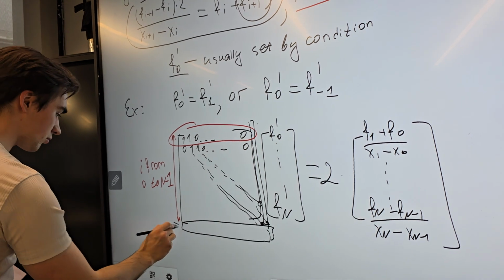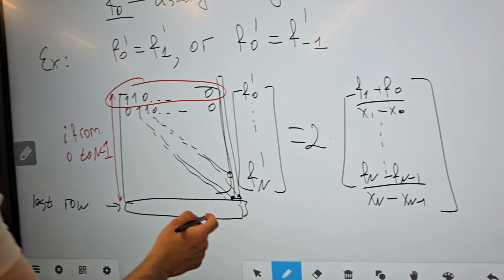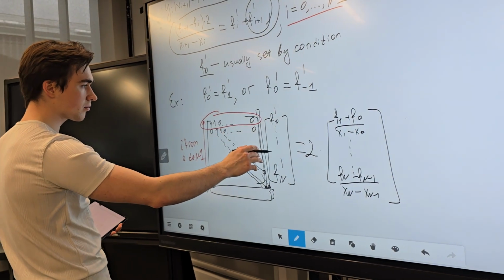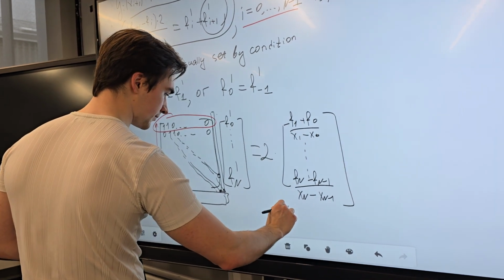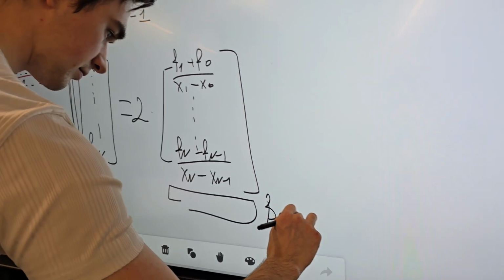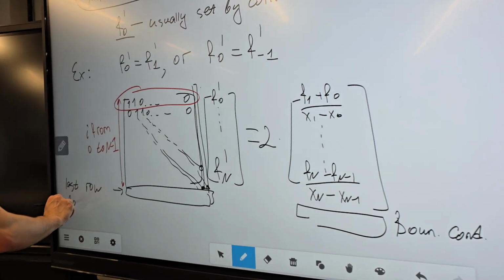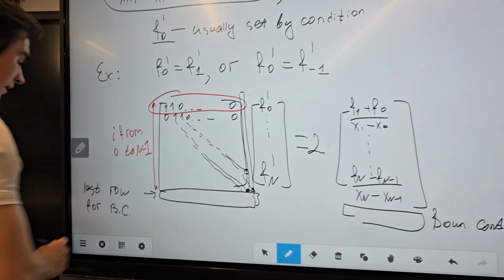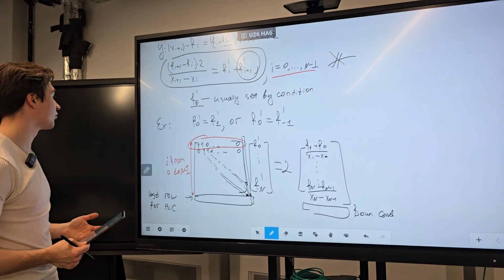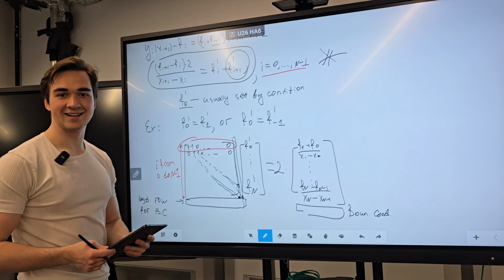But last row, and also we need some last row here. It's our boundary condition. And here, a last row for boundary condition. And you can move actually this row to the top, or maybe in the middle if you want to make your life harder. So, thank you very much.